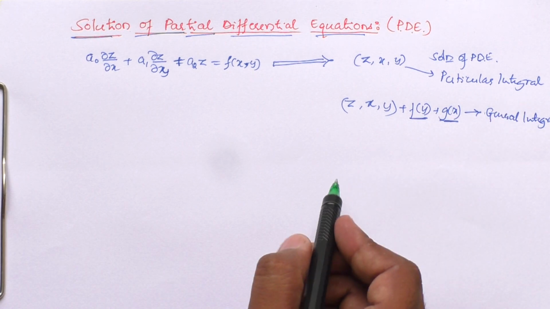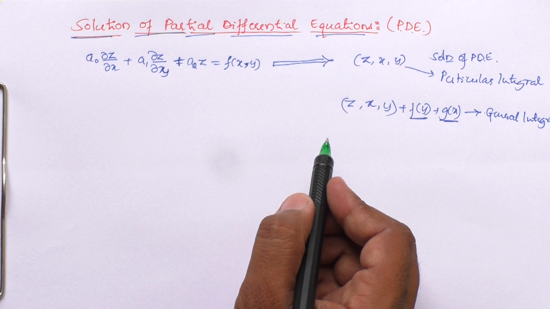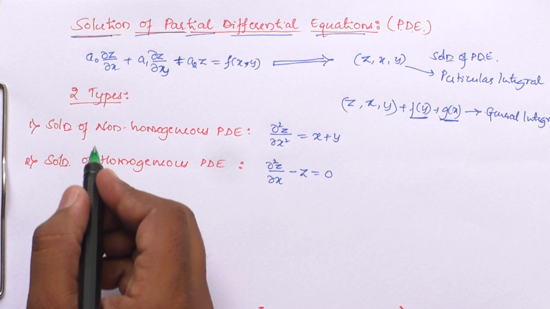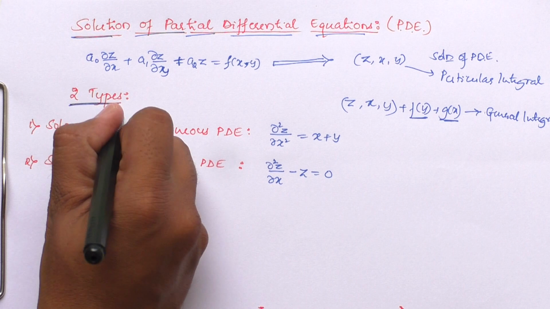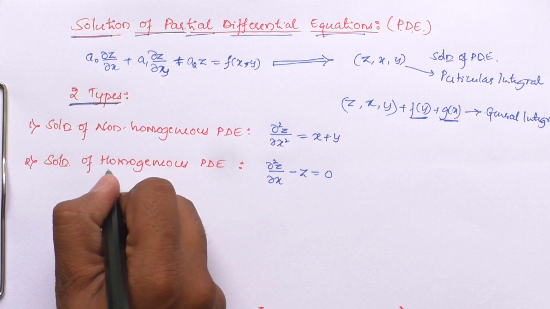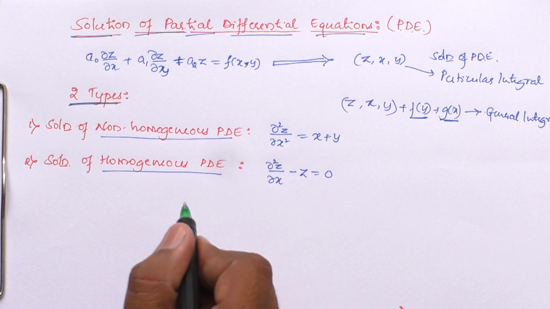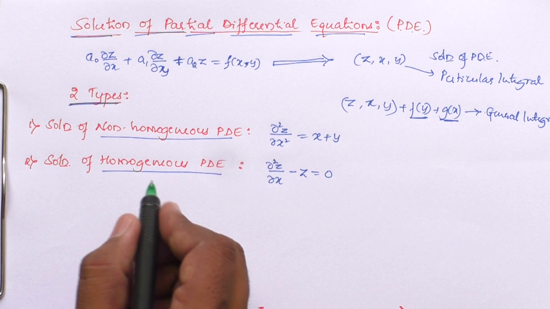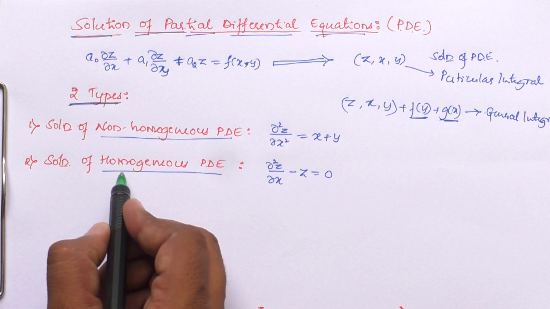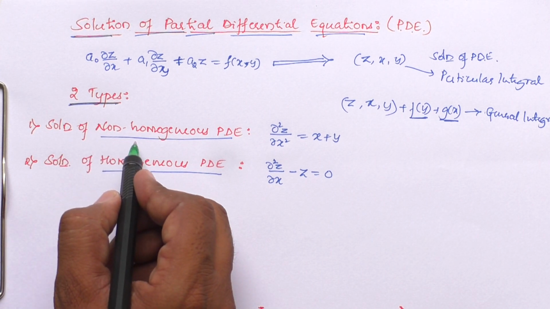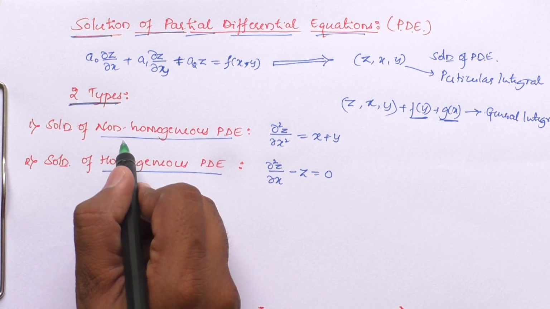So let us understand one by one. We classify partial differential equations into two types: one is homogeneous PDE, another is non-homogeneous PDE. In this module, you are going to learn the solution of both.